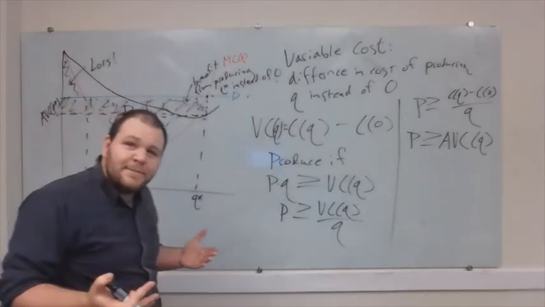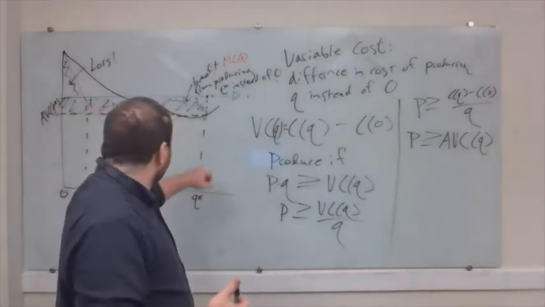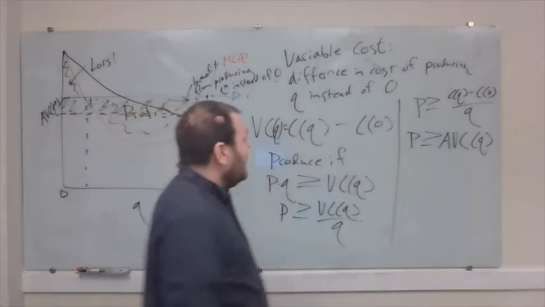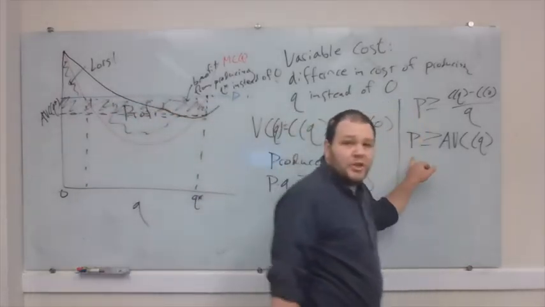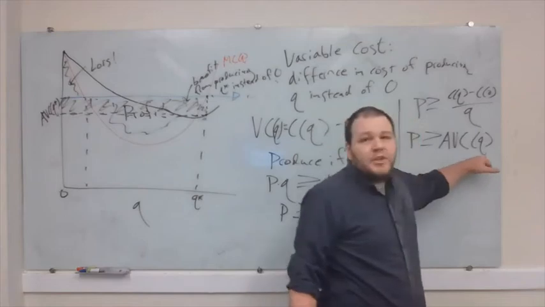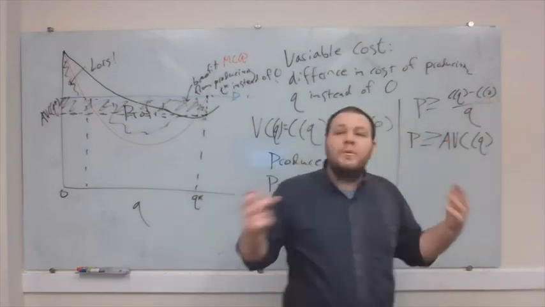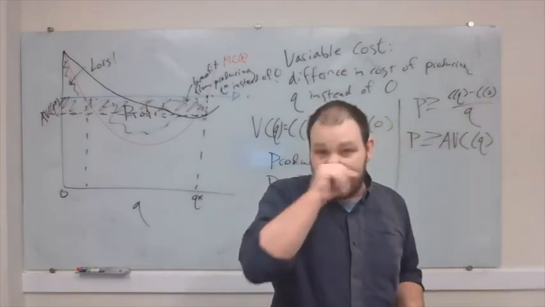Does this make sense? Essentially what we're saying is that our benefit of producing Q star instead of 0 is the difference between the revenue we get for each unit and the average cost of each unit, ignoring the cost that we would have incurred if we didn't have to produce anything at all.